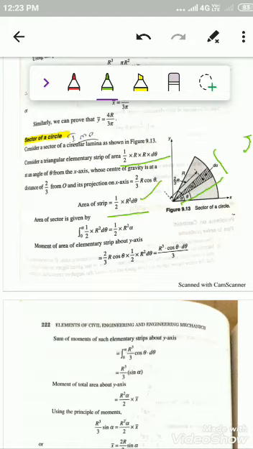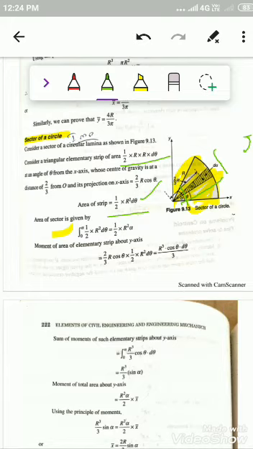If you want to calculate the entire area of this sector, you have to integrate under the limits of 0 to alpha. Why 0 to alpha? Because the sector makes an angle alpha with respect to the x-axis.